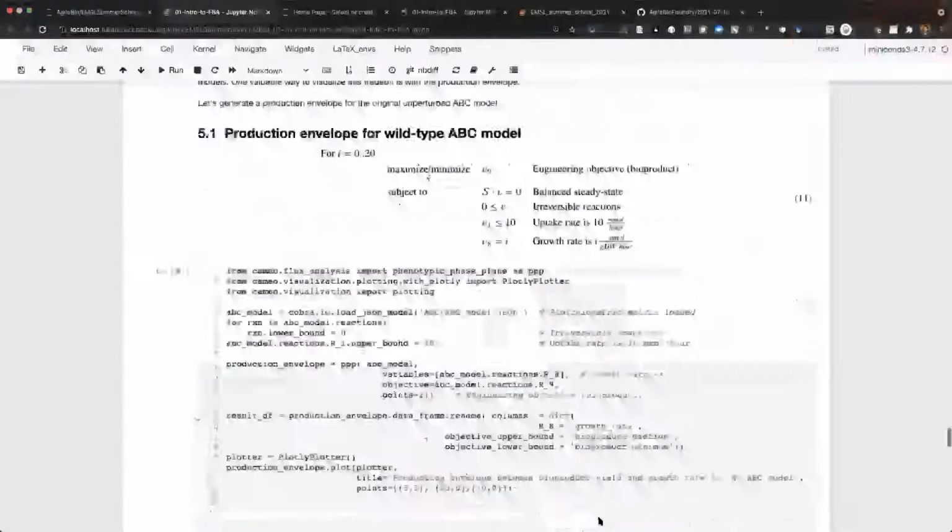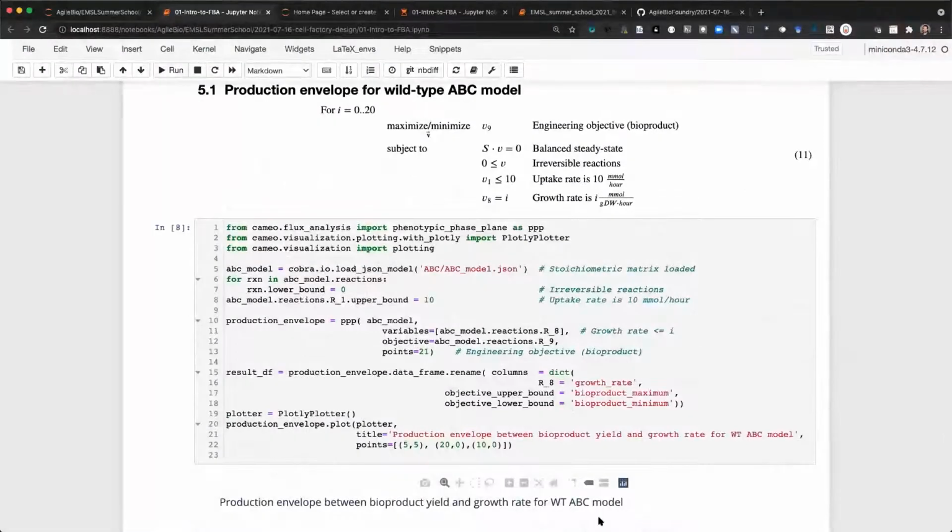Okay. We have another question from Abby. How does one go from these models to a working microbe that makes your bioproduct? Are the microbes built from scratch, or do you typically engineer pathways into existing bugs? Oh, no. At least at this point in metabolic engineering, we are not building bugs from scratch.